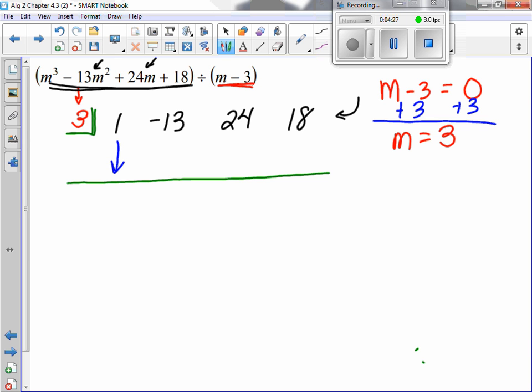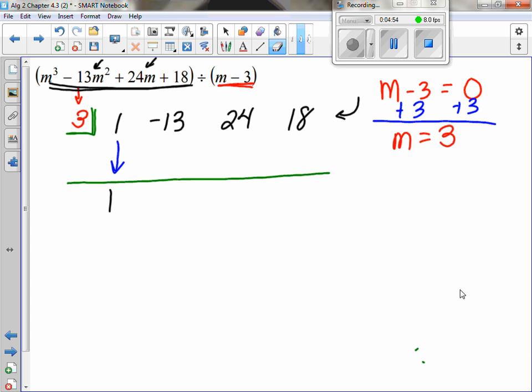You drop the first number straight down below the line. It's going to be our starting point. The first number has to come straight down. It's pretty much what we're doing for long division, just in a simpler form.